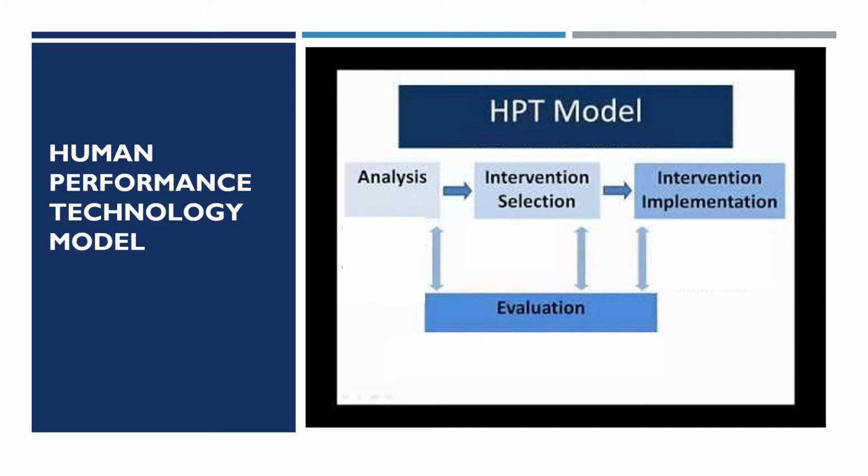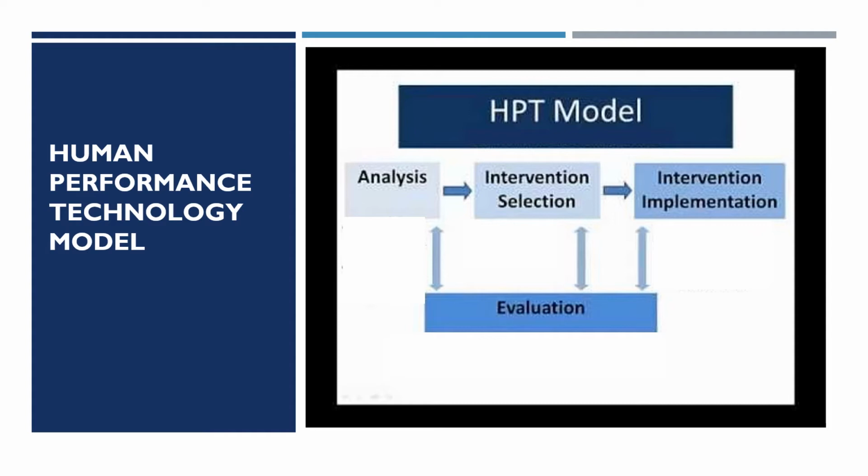According to ISPI, the HPT process begins with a comparison of the present and the desired levels of individual and organizational performance. To identify the performance gap, a cause analysis is conducted to determine what impact the work environment and the people are having on performance. Once the performance gap and the causes have been identified, the appropriate interventions are designed and developed.